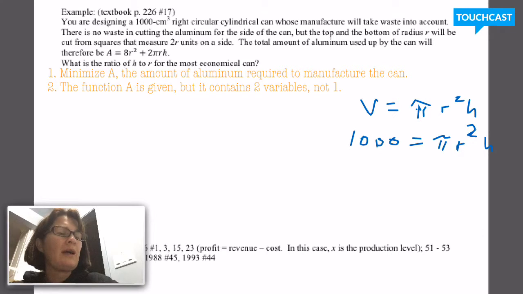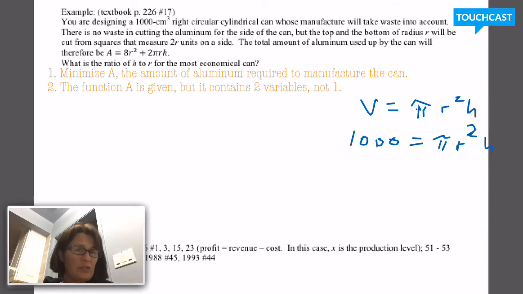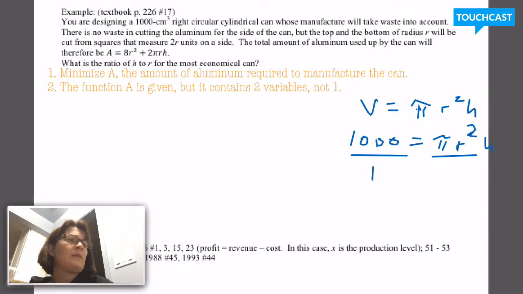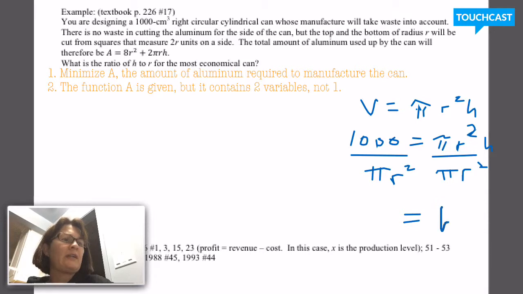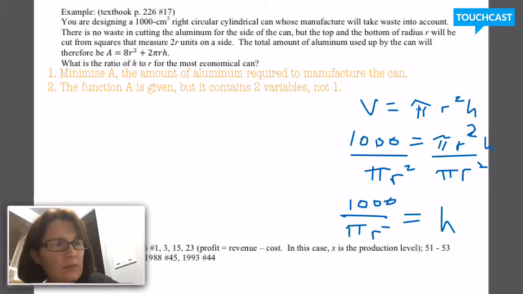The idea here is I'm going to take this equation and solve it for one of the variables. I think it happens to be easier to solve it for h, but you could solve it for either one. I'm going to divide both sides by pi r squared, and I now have an expression for h. h is equal to 1,000 over pi r squared.